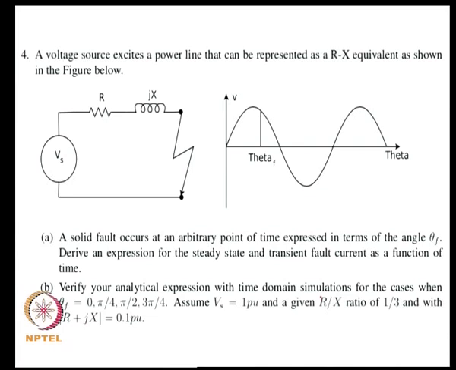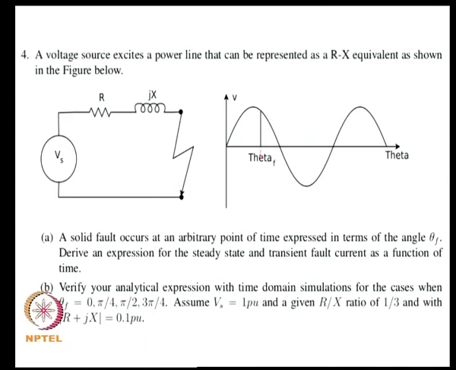So, the simplified model that we have is of a wire which is modeled as an R and a reactance term, and the voltage as a sinusoidal voltage term, and you are having a fault that is occurring at some arbitrary point of time.